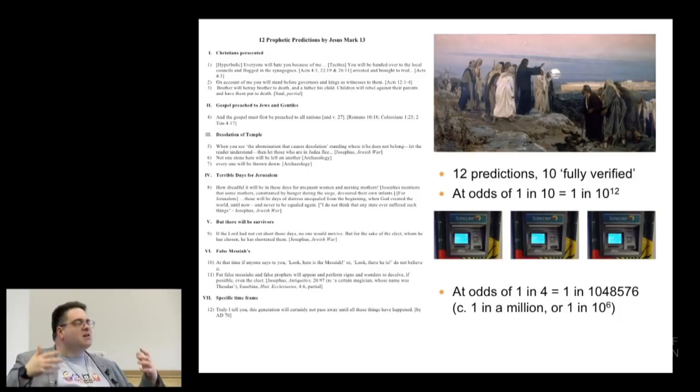I think 2 of them are partially verified, but at least 10 are fully historically verified. Again, at odds of 1 in 10, that would be 1 in 10 to the 12. Let's lean over backwards to be cautious on this calculator. It's 1 in 4. Well, that's still 1 in a million and 1 in 10 to the 6, just for that prophecy.